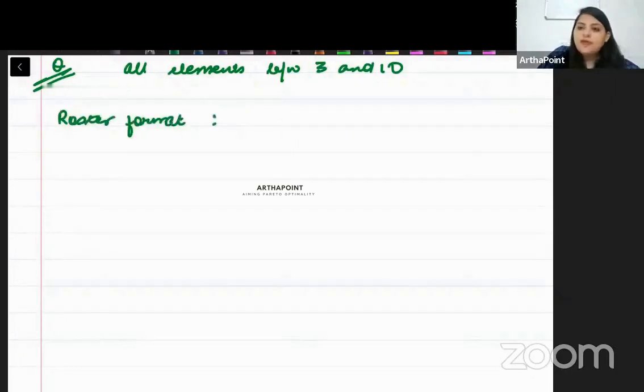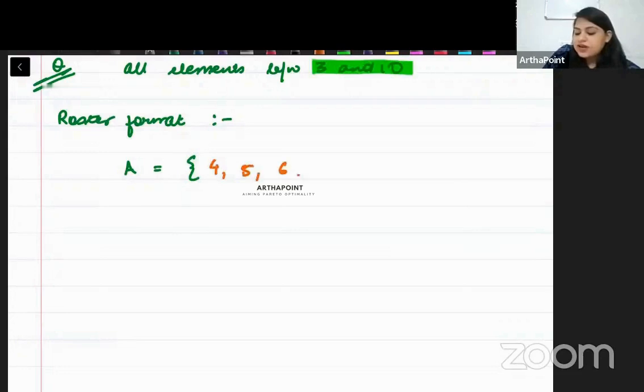So in the roster form, I will write that there is a set A. And what is this set A? Beta, this set A consists of all elements between 3 and 10. Matlab, I will have 4, 5, 6, 7, 8, 9. That's it. So this becomes my set in the roster form.